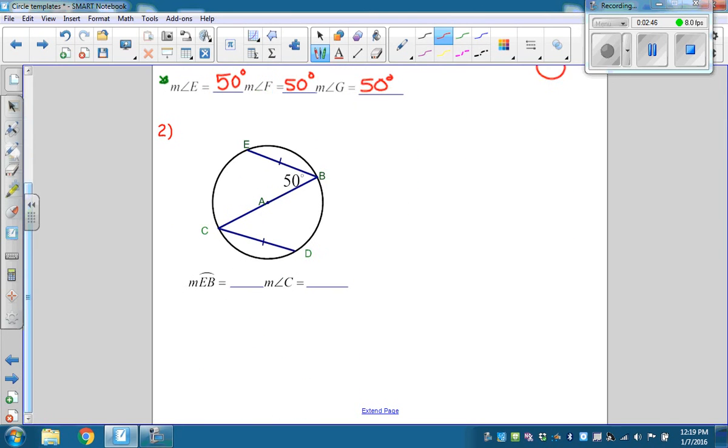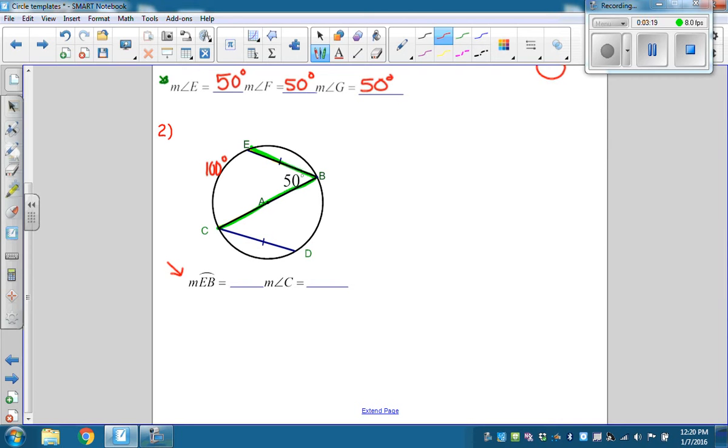Looking at number 2, we have another inscribed angle right here. I don't know if you can see that. Let me make it a little bit bigger. We know that that inscribed angle is half the arc it intercepts. So this is 100 degrees. When I look at the question, I'm really looking for EB.